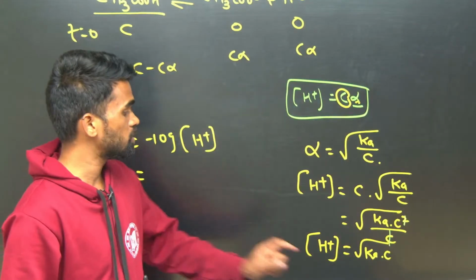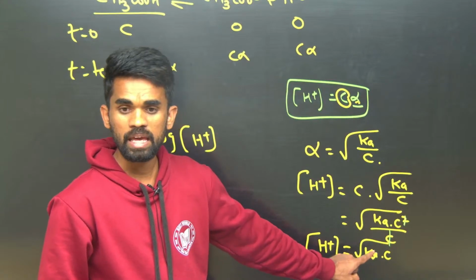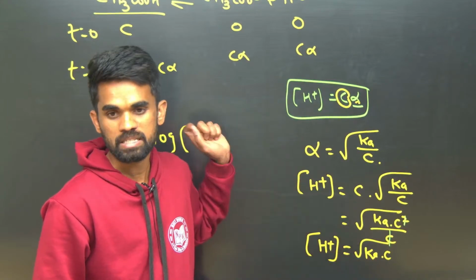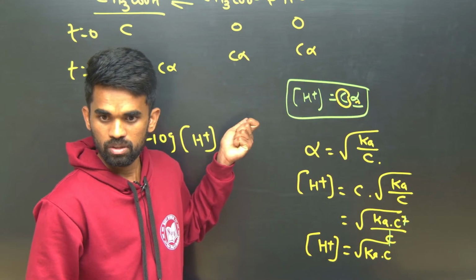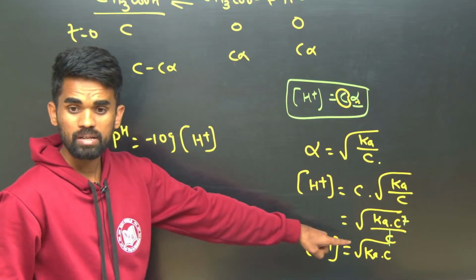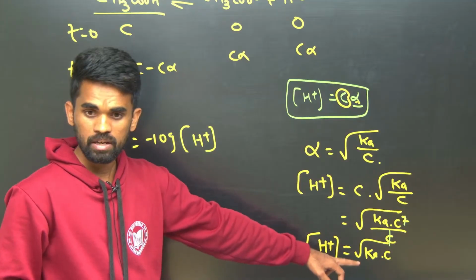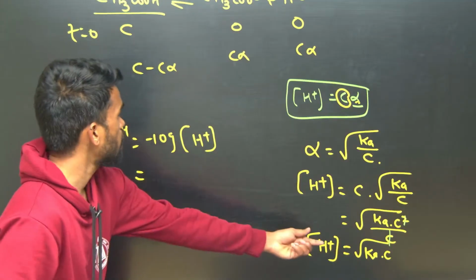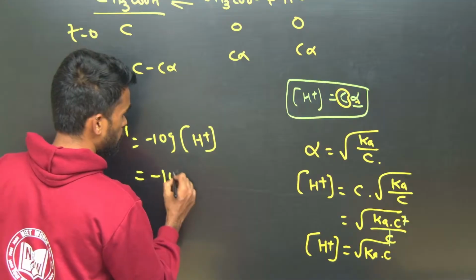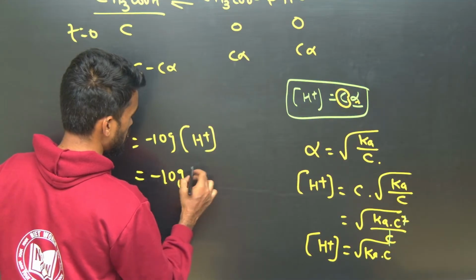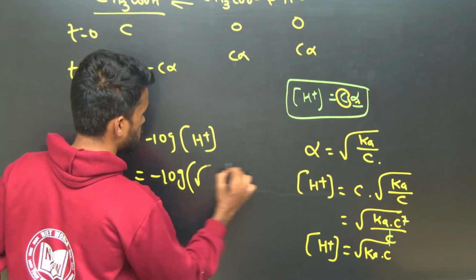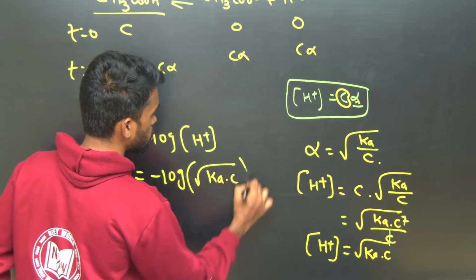So in the exam they will mention Ka or pK of that particular acid. So you can put it here directly to get the H plus ion concentration, or you substitute it over here. What will you get? Minus log concentration of H plus ion means minus log root over Ka into C.